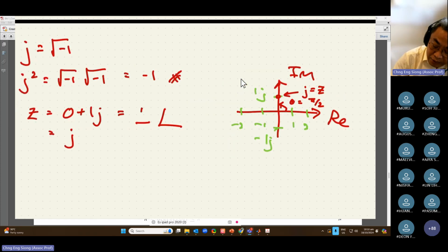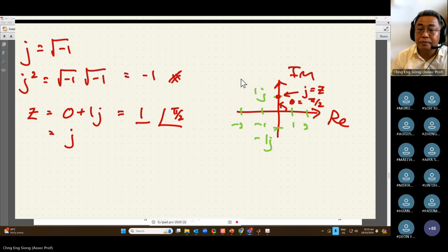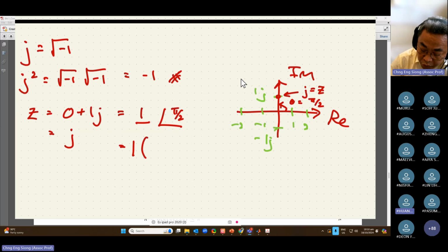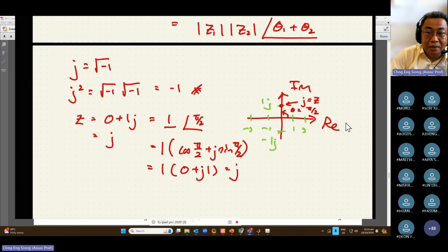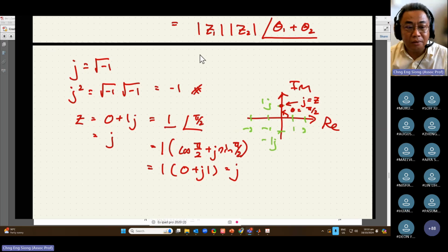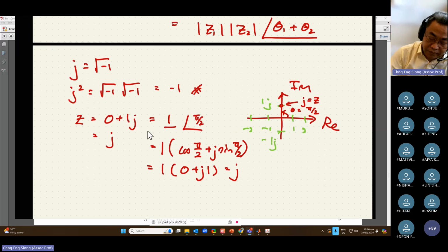So it is 1 angle pi over 2, right? If you write it as 1 cosine pi over 2 plus j sine pi over 2, what do we get? 1 cosine pi over 2 is 0, plus j times 1, that is j. So whenever you're writing complex numbers, please remember to draw your complex plane, and then you get this guy.